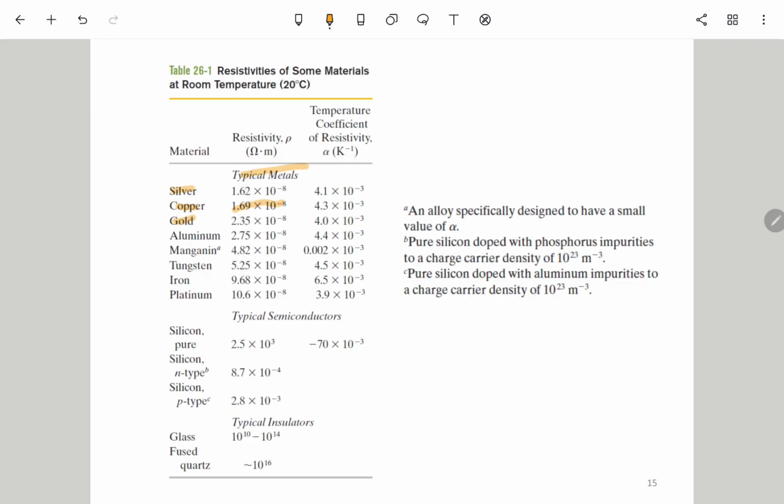the resistivity is pretty low. And in the laboratory, we sometimes may use silver or sometimes may use gold, even though the gold has quite a bit larger resistivity.